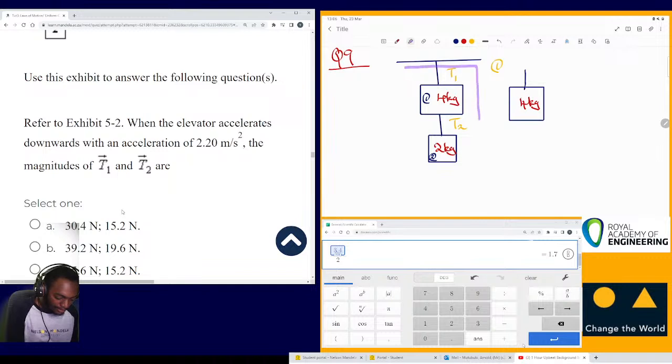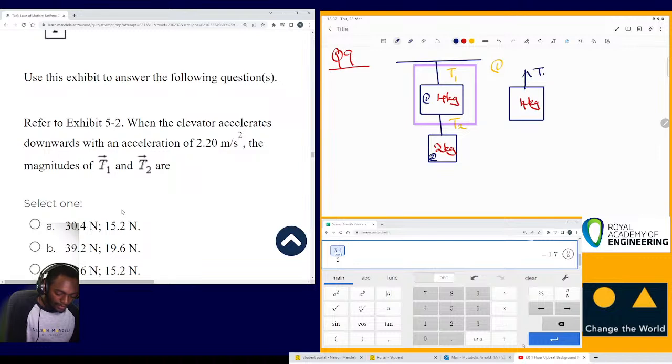It is T1 at the top. T1 will be going in which direction? T1 pulling the object upwards.